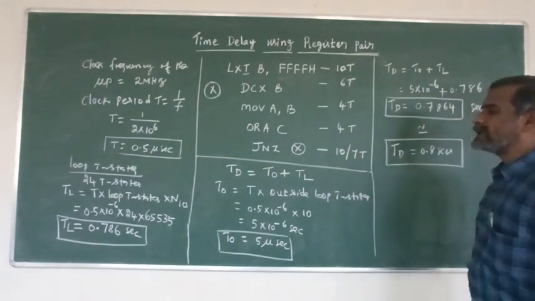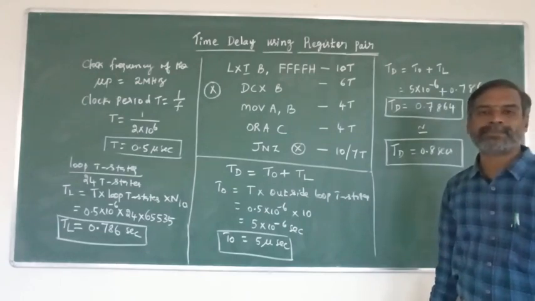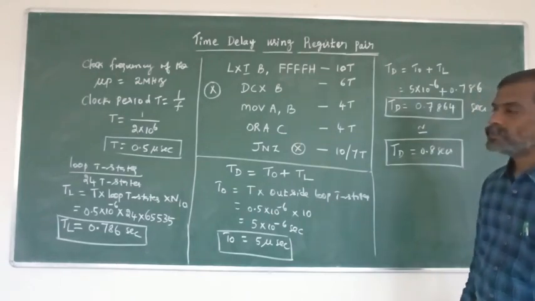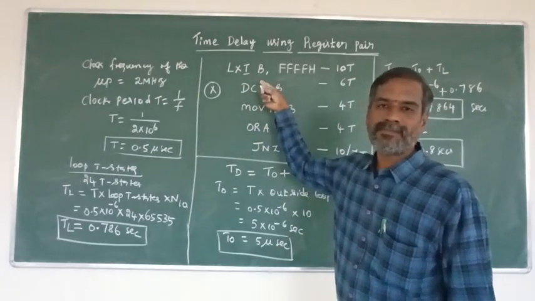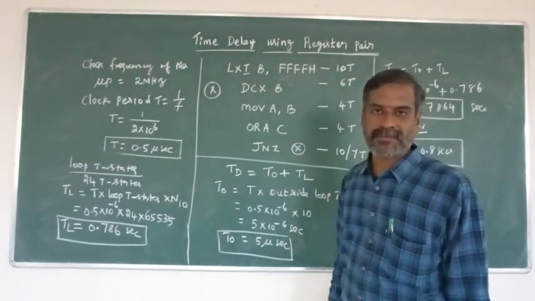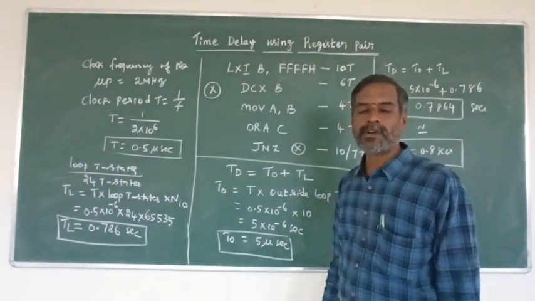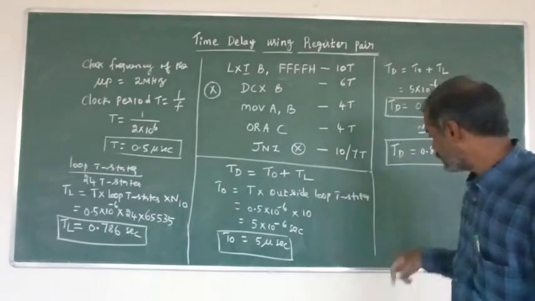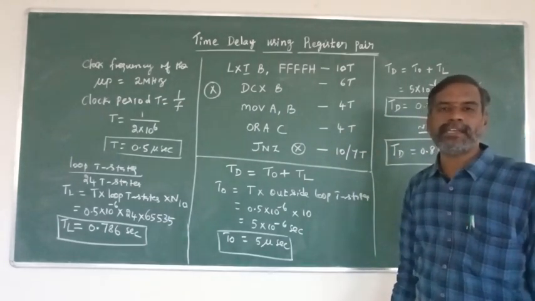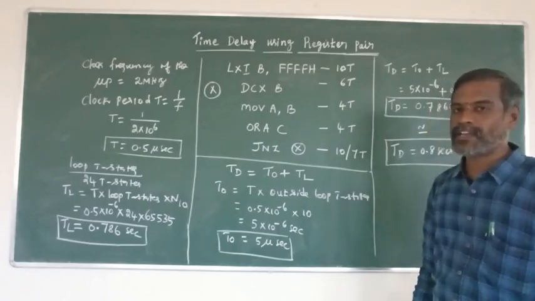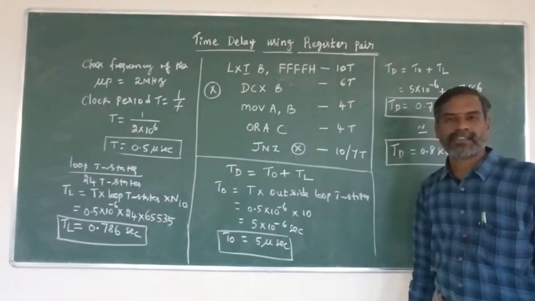If you want to increase the time delay more, the same program we can call a number of times. We can use one more register, multiplied by 0.8. Now the time delay will be increased. Okay, any doubt? No. Thank you.